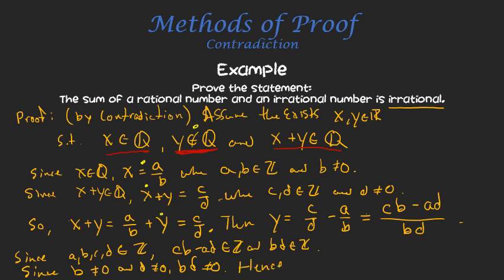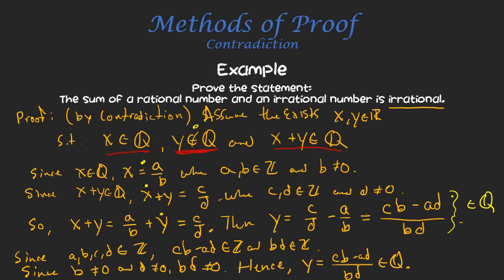Hence, what did I do all that for? Well, that was all just to explain why this thing here is a rational number. Hence, y equals cb minus ad over bd is a rational number.